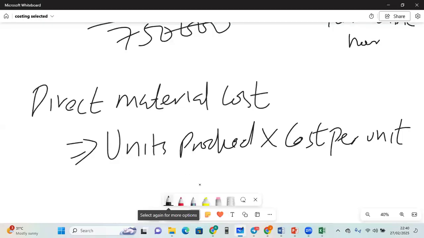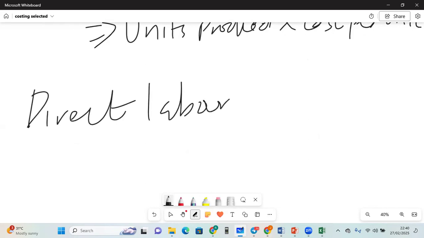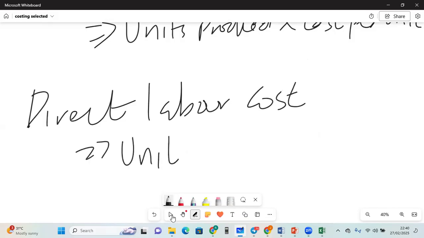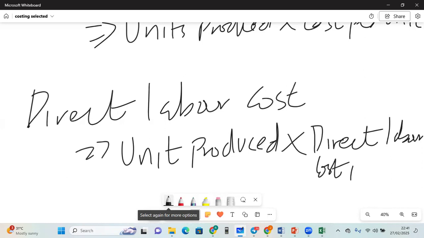So when we come here, units produced times direct labor cost per unit.